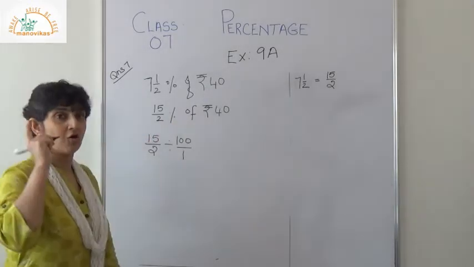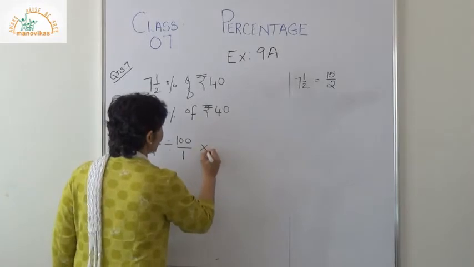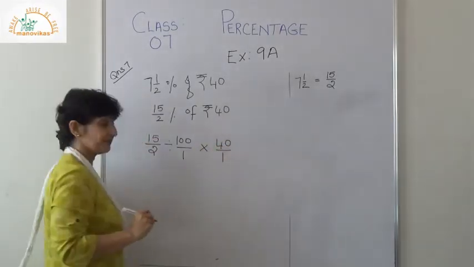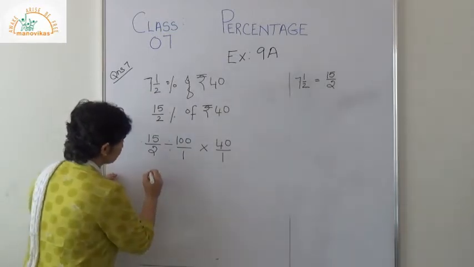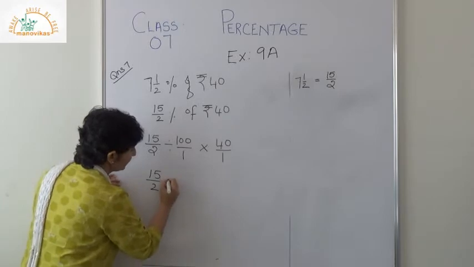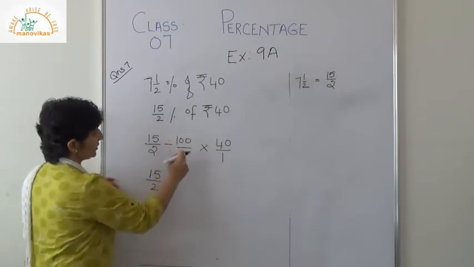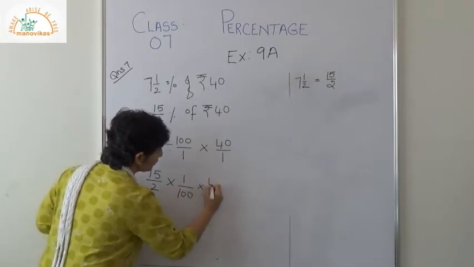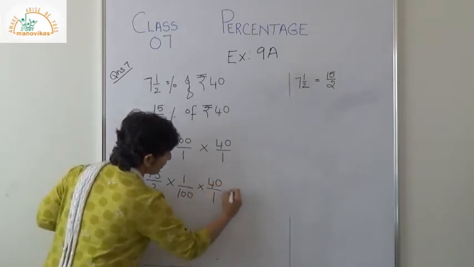Next, of. Of means what? Multiply. Rupees 40 means 40 upon 1. So, next step is 15 upon 2. Divide will become multiply. 100 upon 1 becomes 1 upon 100 into 40 upon 1.